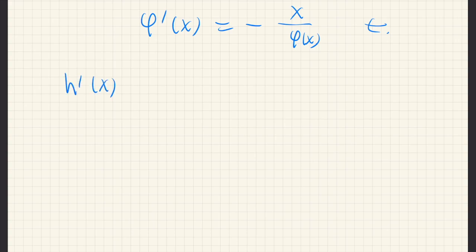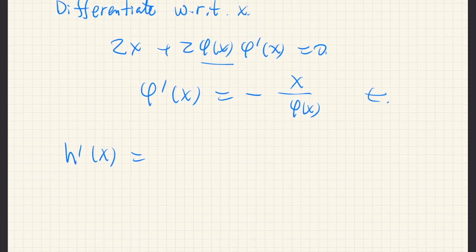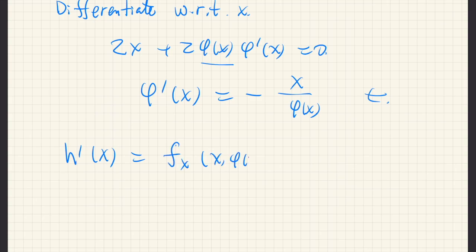h with respect to x. So we use the multivariate version of the chain rule. So first we differentiate f with respect to x and differentiate x with respect to x, right? That is one.